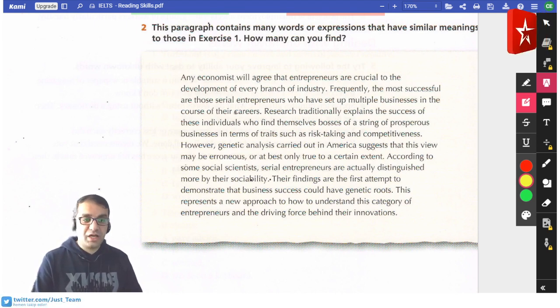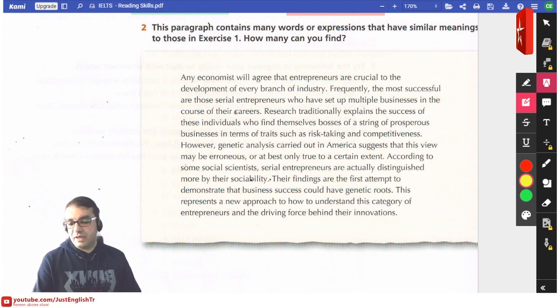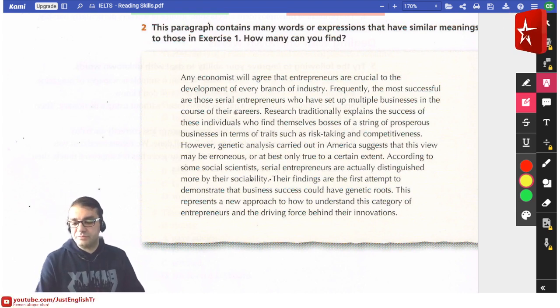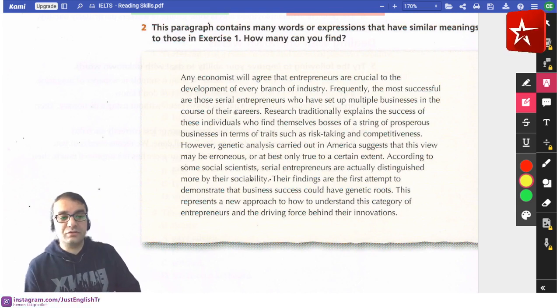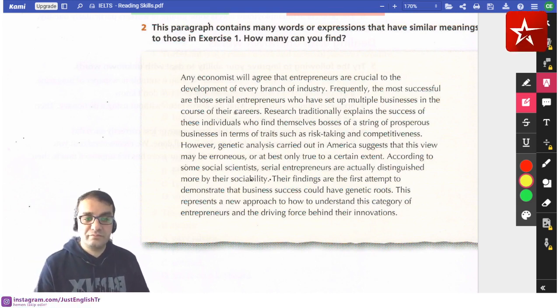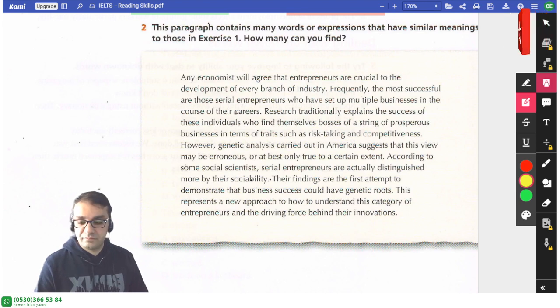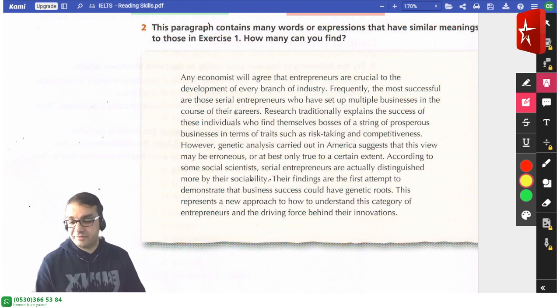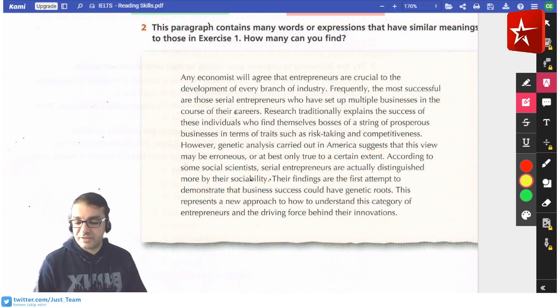Okay, Chinar is correct. And what else? Crucial, essential. What else? Exactly, Metin. What else? Thank you.